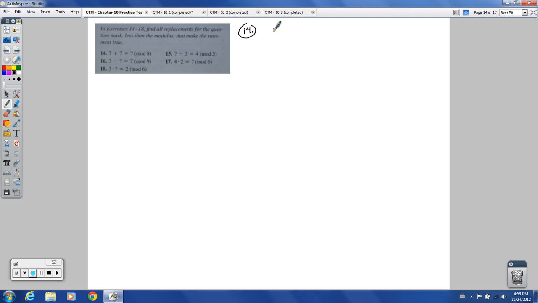So 7 plus 7 equals question mark mod 8. Normally for us that would be 14, but in mod 8, this number has to be less than the modulus.